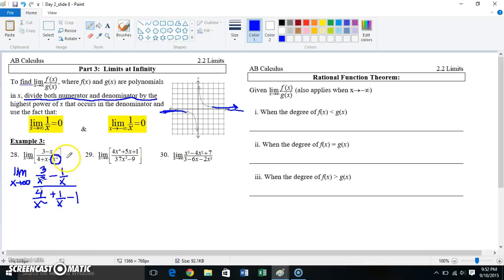Okay, now we know 1 over x or 1 over x squared, in either of those cases, the term is going to get closer and closer to 0 as x gets very large. So each one of these terms is going to become 0.